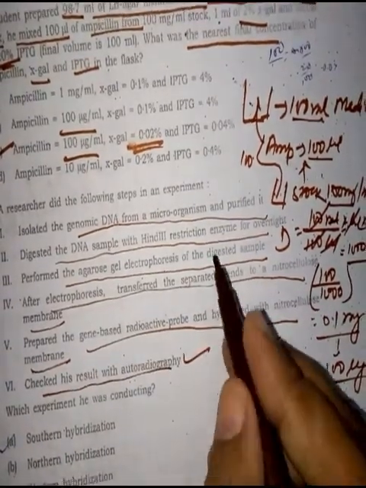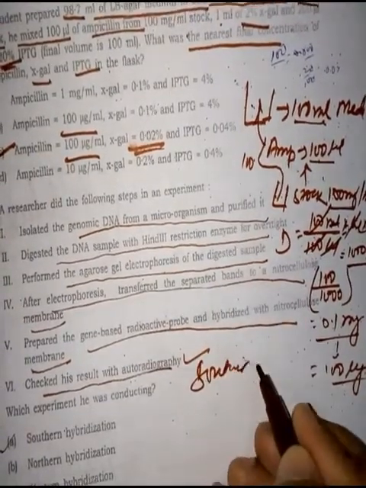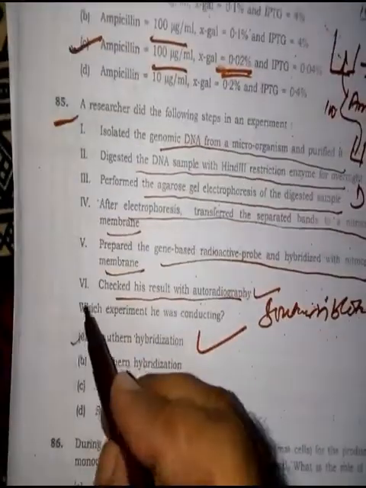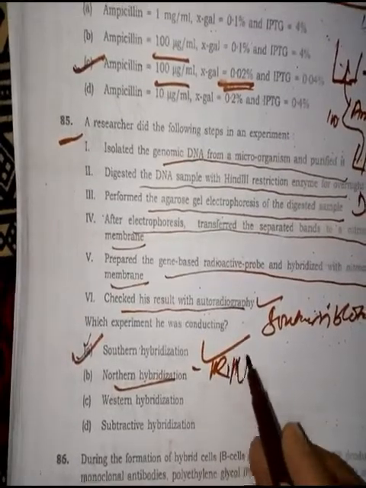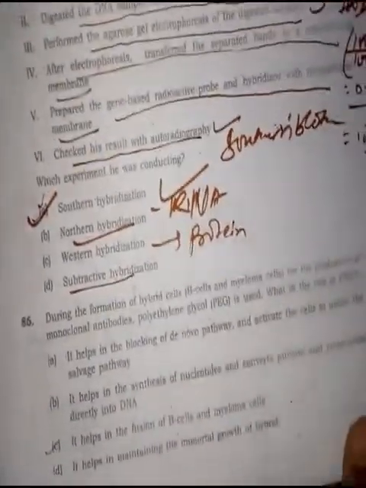This is a direct set of steps of Southern blotting. So the answer will be Southern blotting, A. Northern blotting is done for RNA. Western blotting is done for protein.